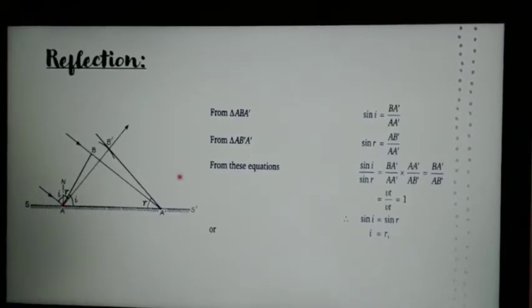In reflection we don't care about the refractive index of the media because reflection happens in one medium itself. So AB is a plane wavefront which makes an angle i with the surface on which it is falling, that means on the mirror S dash. So this i can be taken as the angle of incidence. The wavefront makes an angle of incidence i with S dash.